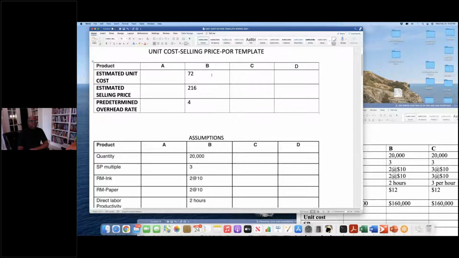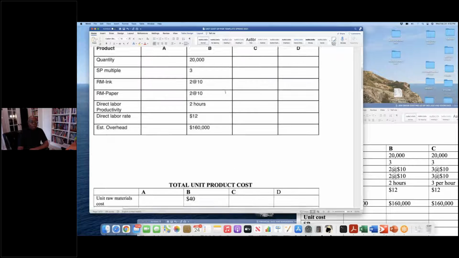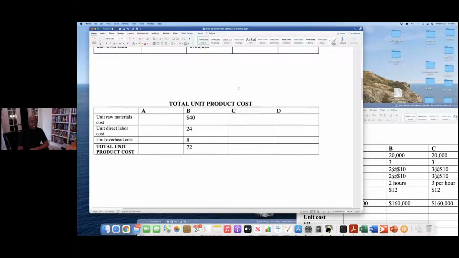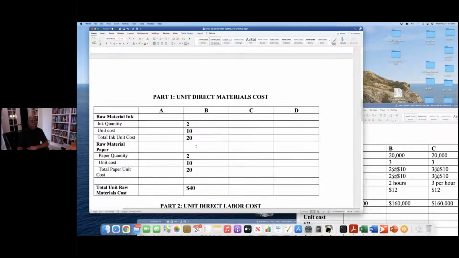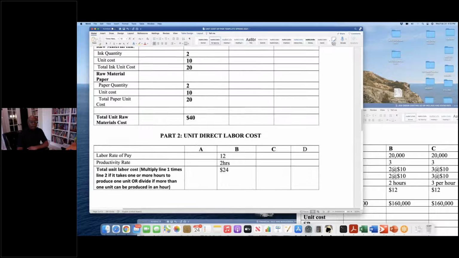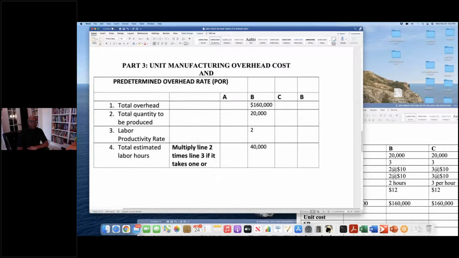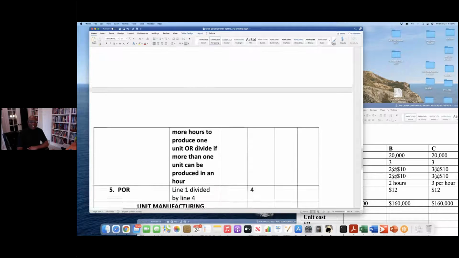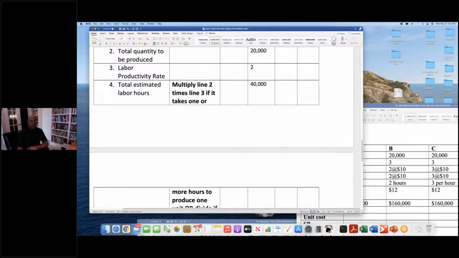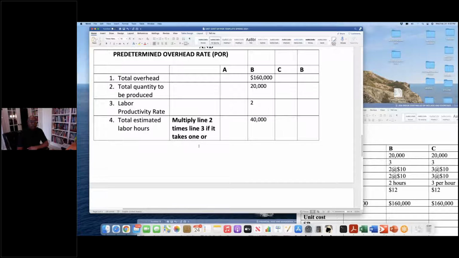Yes. Can you go down, Professor? Further? Mm-hmm. Further? Yep. Go back up, 20,002 and then 40.